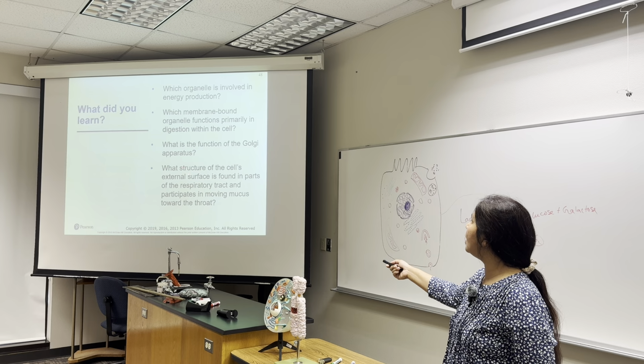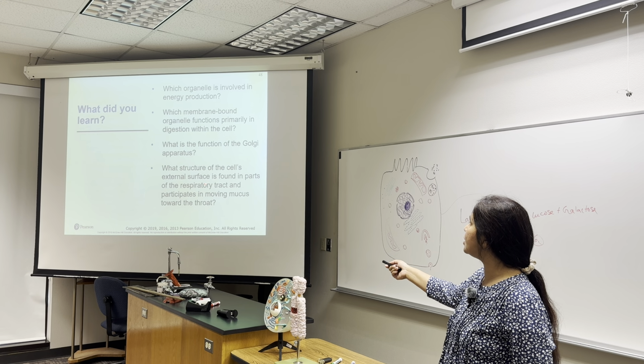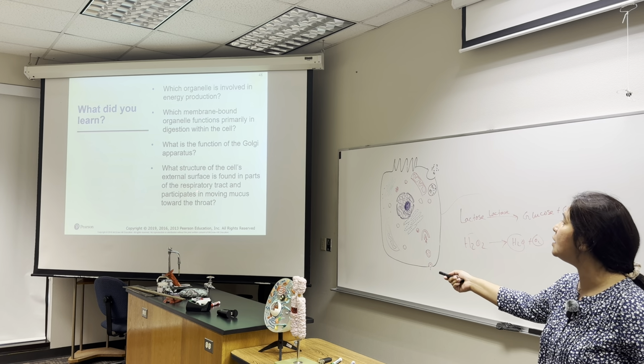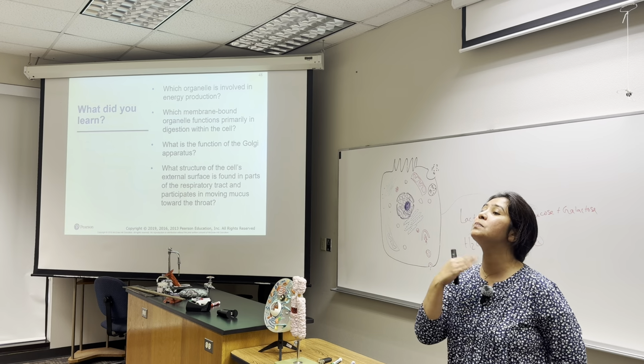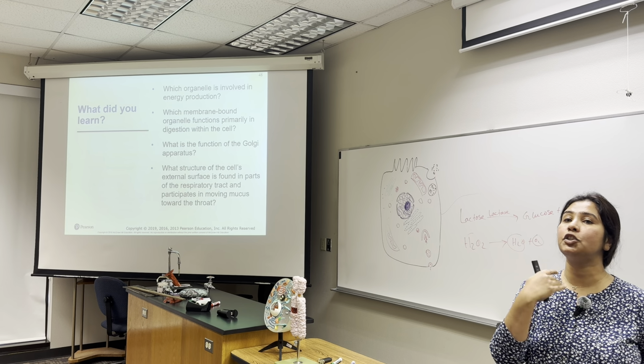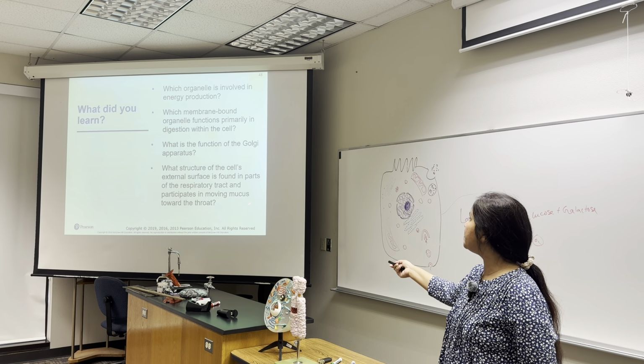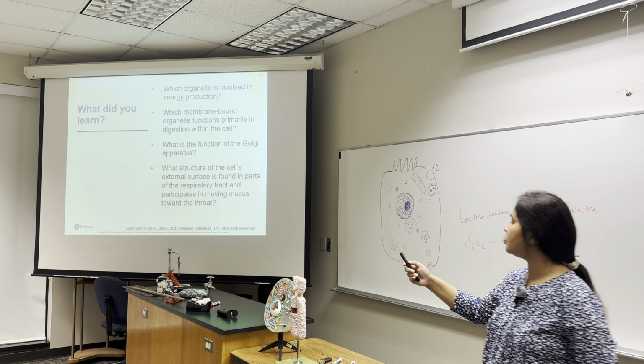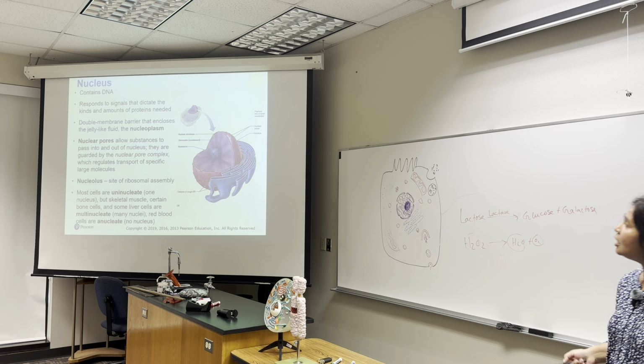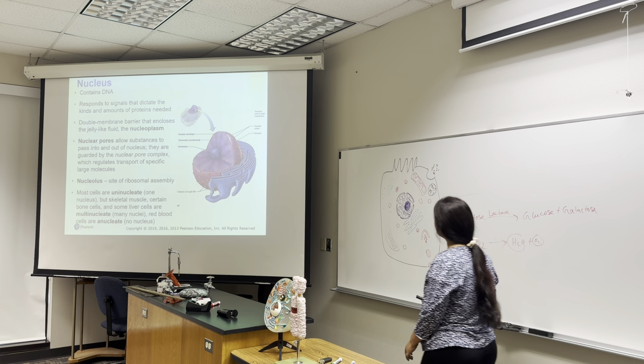What structure of the cell's external surface is found in parts of the respiratory tract? In the respiratory tract, cilia move things around and participate in moving mucus toward the throat.